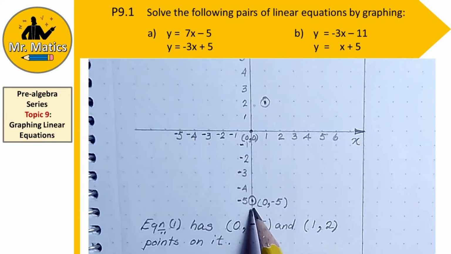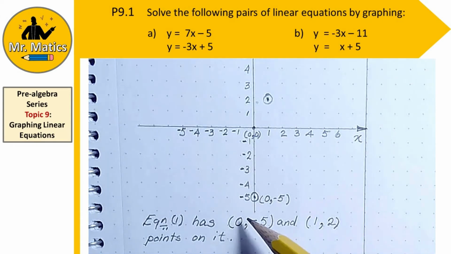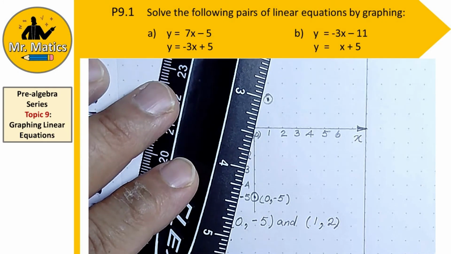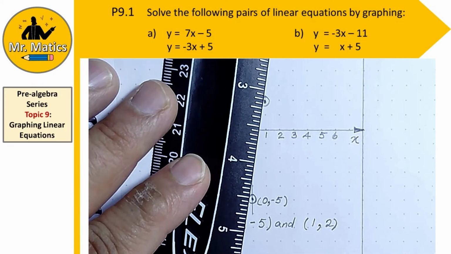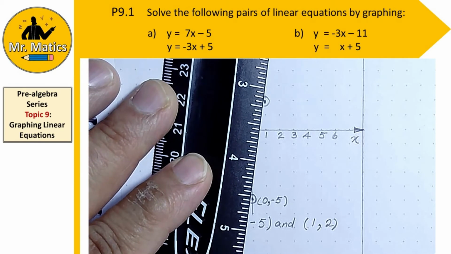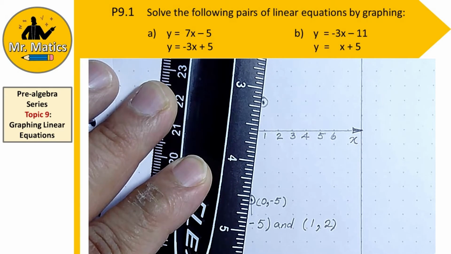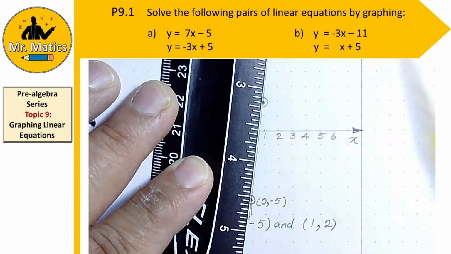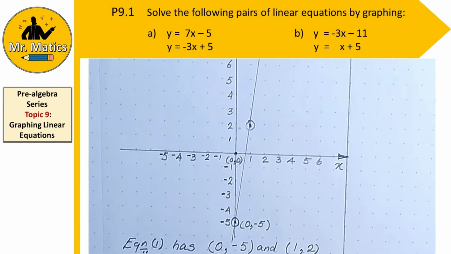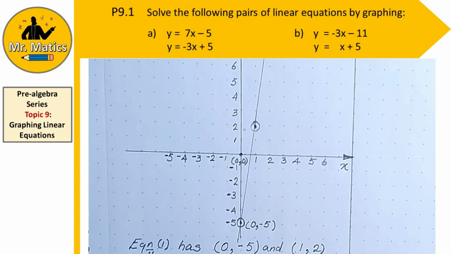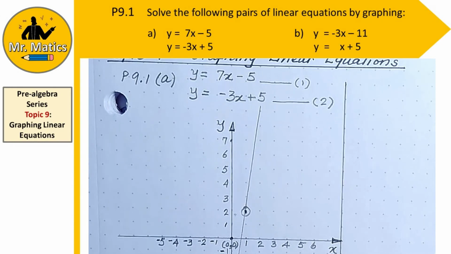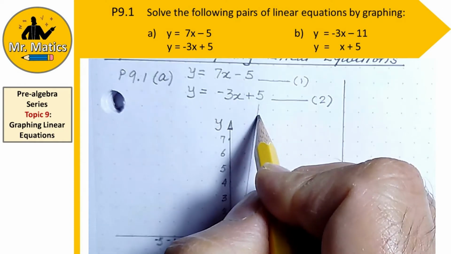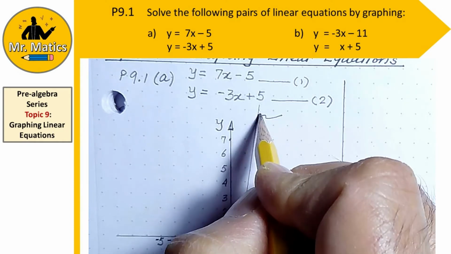So the line which goes through these 2 points would be representing equation 1. So carefully draw this line, making sure that you don't have any parallax error. Okay, so that would be line 1. If you want to name them, you can do it by putting an arrow.